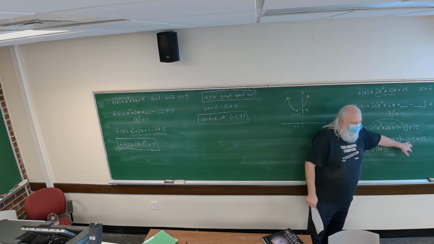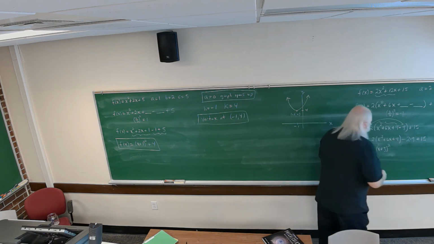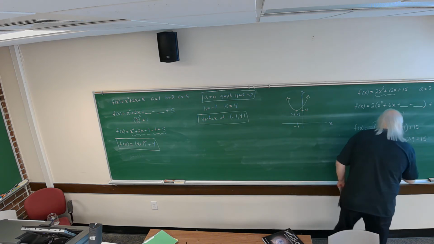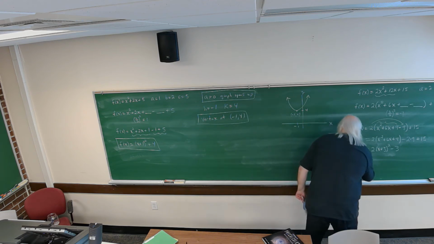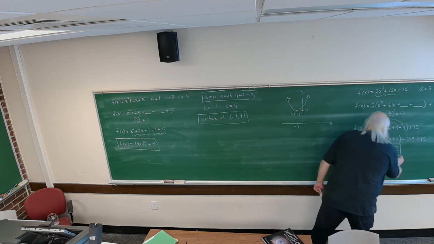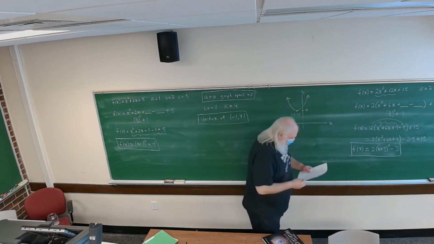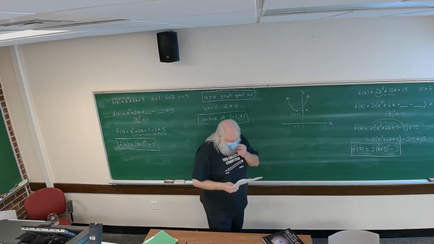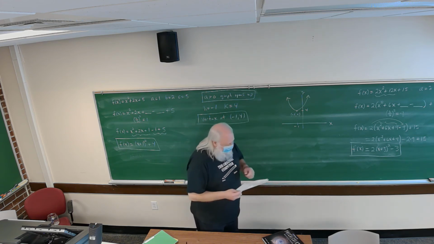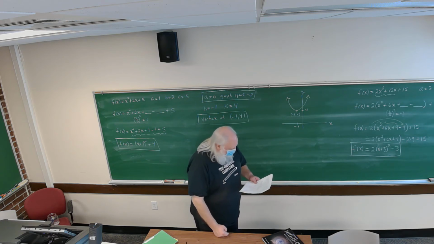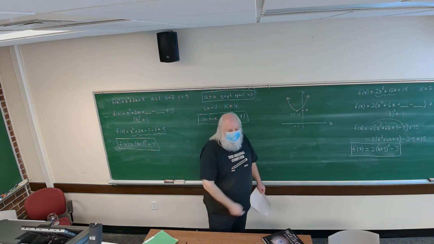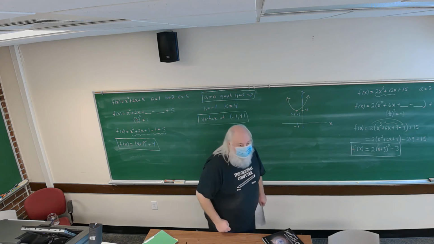Minus 2 times 9 is negative 18, and negative 18 plus 15 is minus 3. Okay? So we're done as far as completing the square part. We use the completion of squares to express the quadratic function in standard form. That's standard form. Okay. State whether the function's graph opens up or opens down. Up, right?